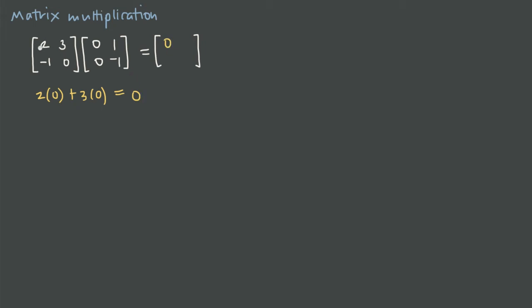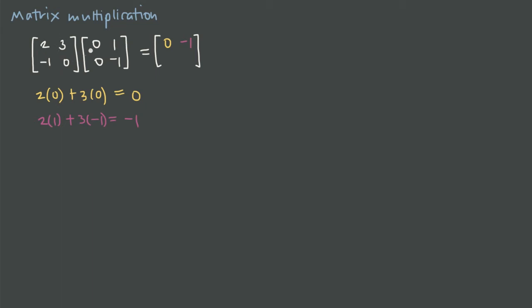Then we again take the first row, 2, 3, but this time we multiply it by the second column, 1, -1. So we say 2 times 1 plus 3 times -1 is equal to 2 plus a -3, or 2 minus 3, that's a -1. That's going to go in the 1, 2 position. Then we take, now that we've done the first row across both columns, we move to the second row of the first matrix.